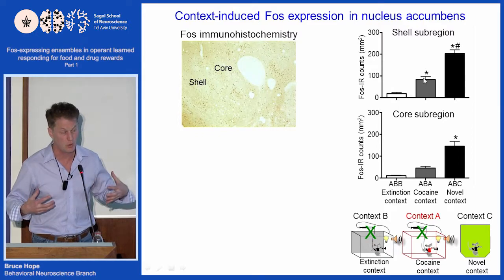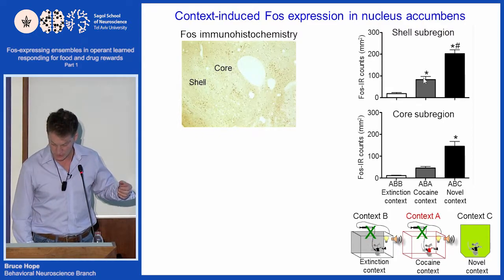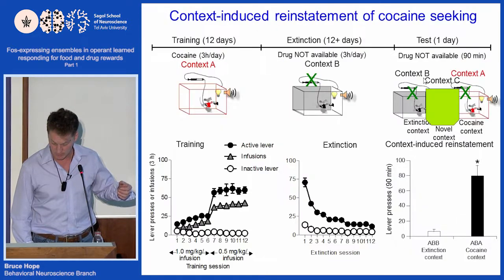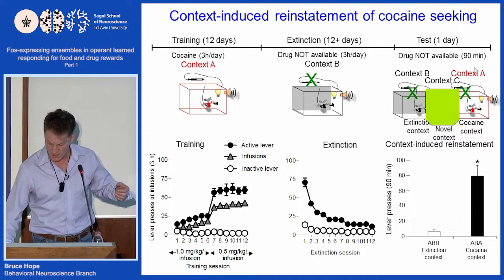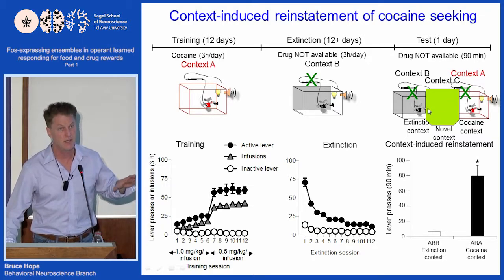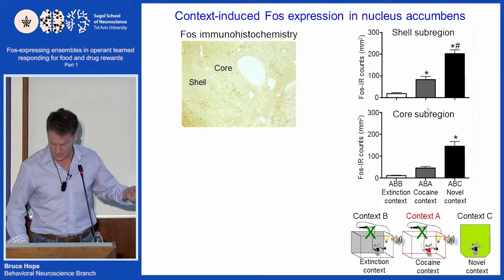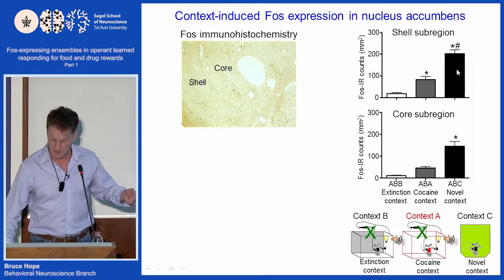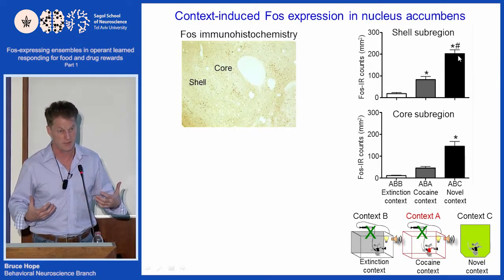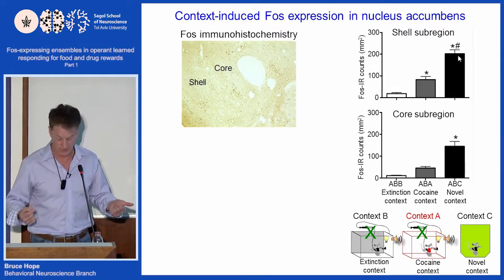Now, there was a control that I should have mentioned back here, that some of the animals on test day were placed in a novel environment that they had never seen before. The reason for doing this is that when you do that, there's a large expression of Fos. And this becomes really critical to remember for the next part of the experiment.